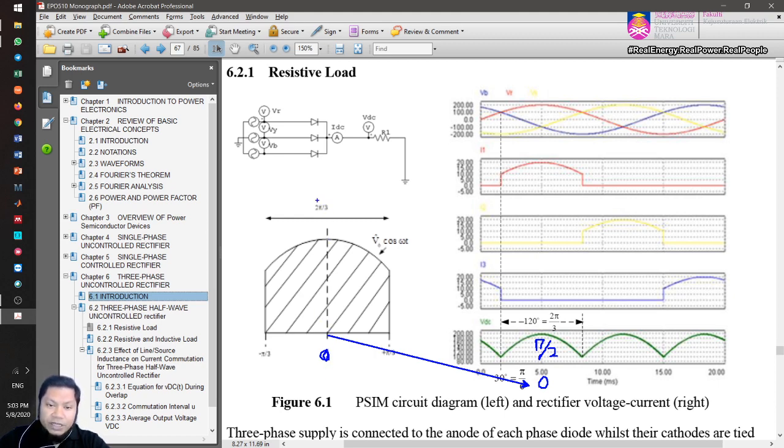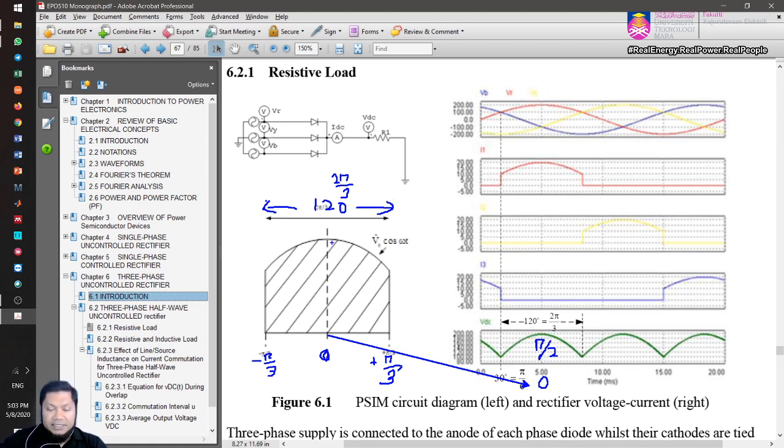Okay, so we know that this is 120 degrees. Now it is split into minus pi over 3, which is 60 degrees, and plus pi over 3, so that we have the total of 2 pi over 3, which is 120 degrees.